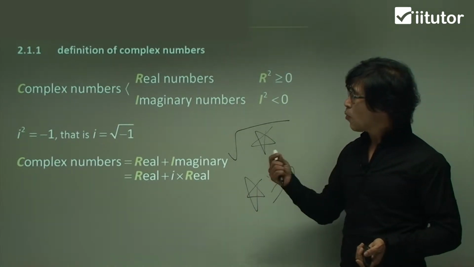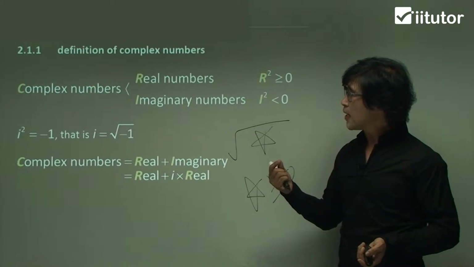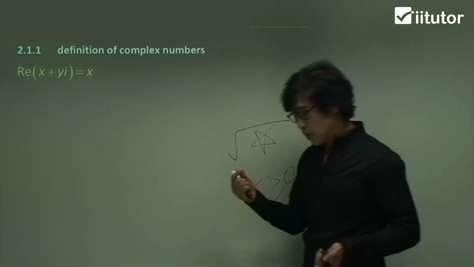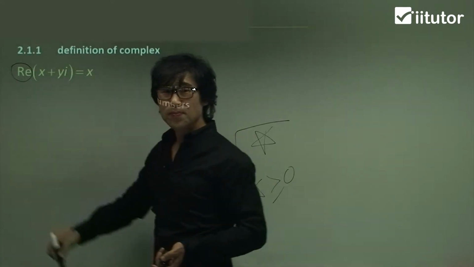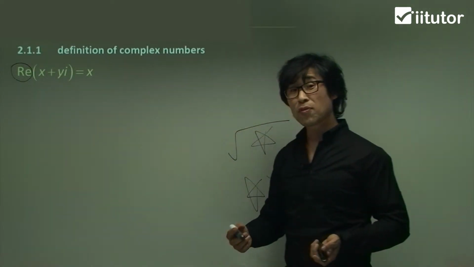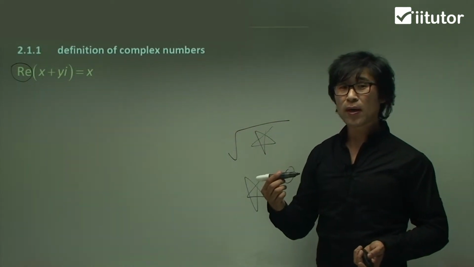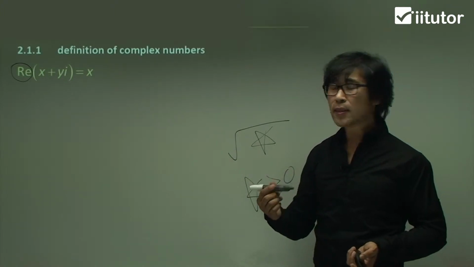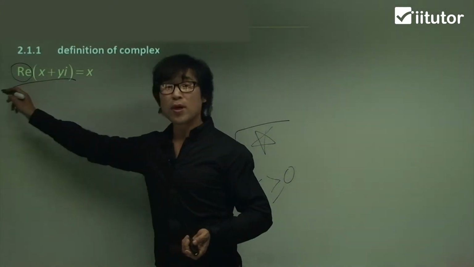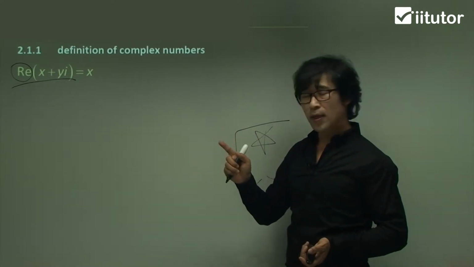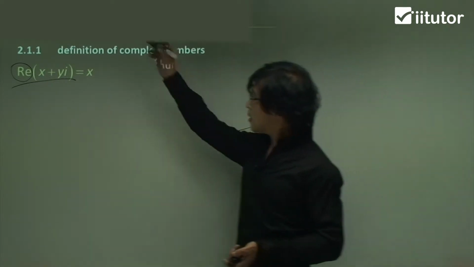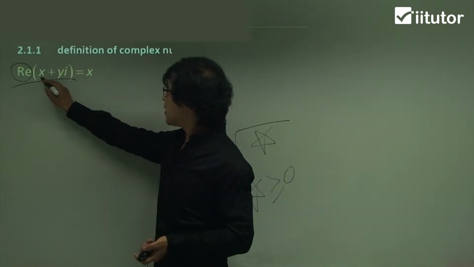Next small bit that you have to understand is this one. It's not really a function, it's kind of an acronym. Re refers to the real part. How do you read this? What is the real part of x plus yi? It's not difficult to understand, guys.